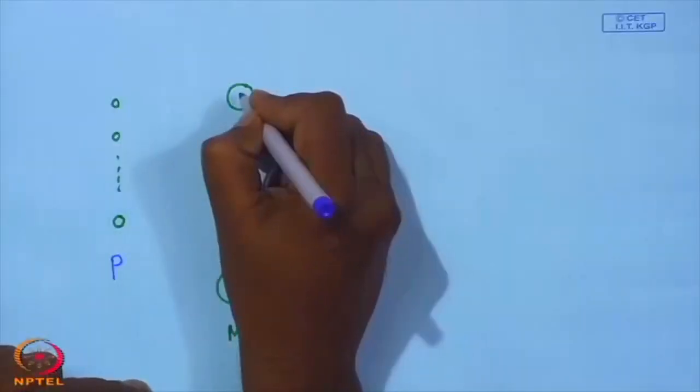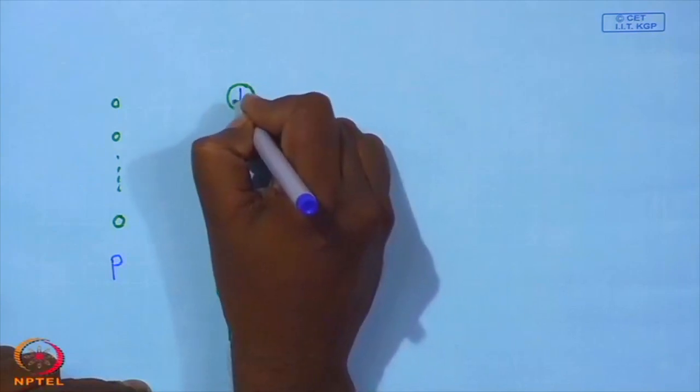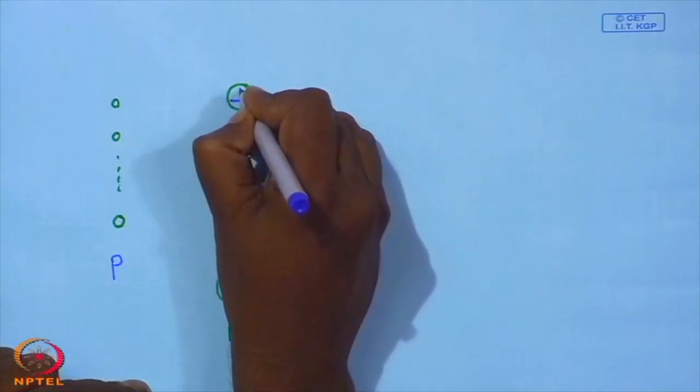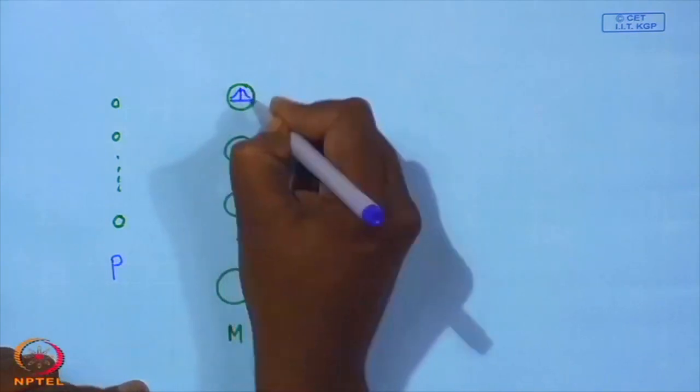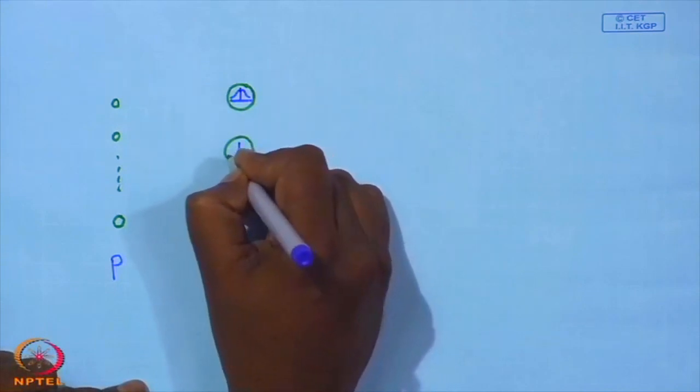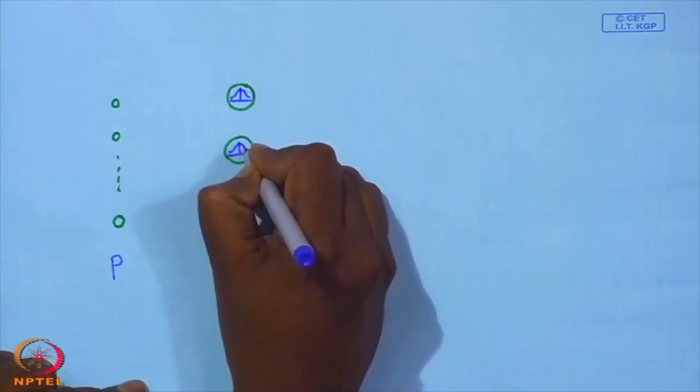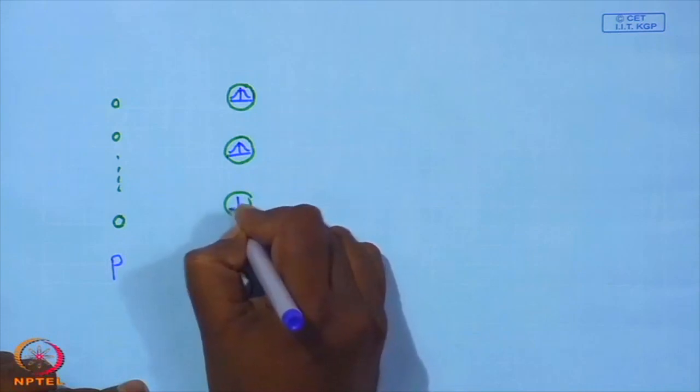Each node in the hidden layer performs a radial basis function, and as we said, it is something like this.